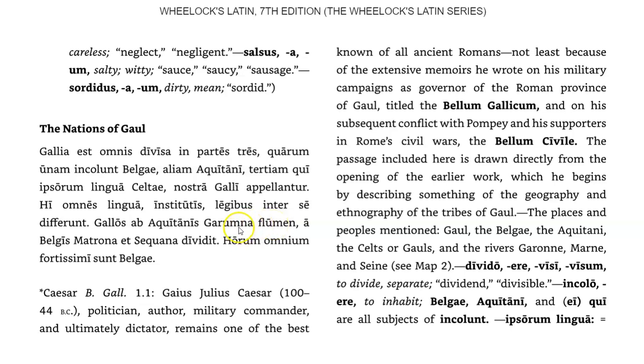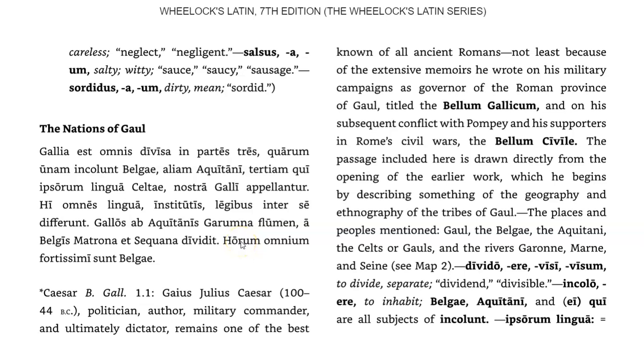So the river Garumna divides the Gauls from the Aquitani, and the Matrona and the Sequana divide them from the Belgae. And again, I think these are rivers. So we have three rivers here, the Garumna, the Matrona, and the Sequana. And then we have the three tribes. We have the Gauls, the Gallos here, and then we have the Belgis or the Belgae.